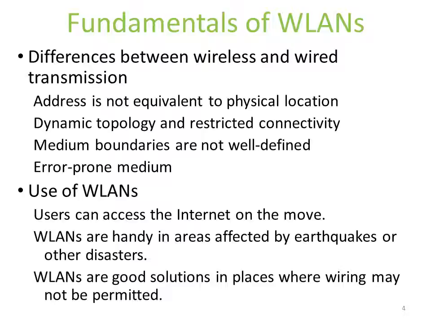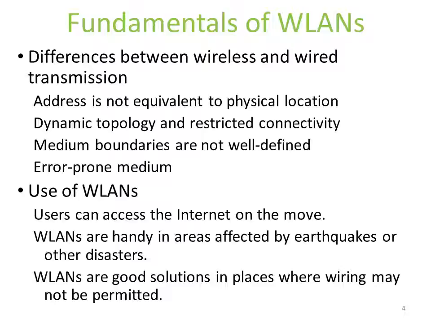Wireless LANs can work dynamically, with restricted connectivity, but in the case of static topology like a wired network, there should not be restricted connectivity. In the case of wireless, the medium boundaries cannot be defined. It may be of different areas.